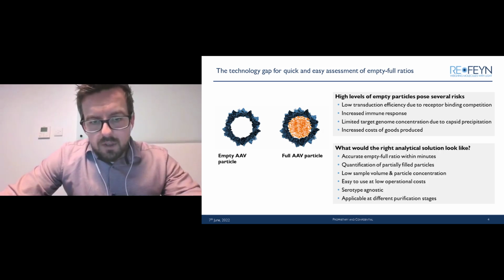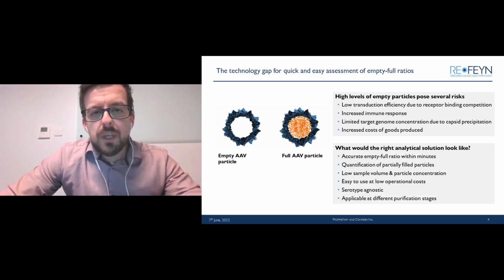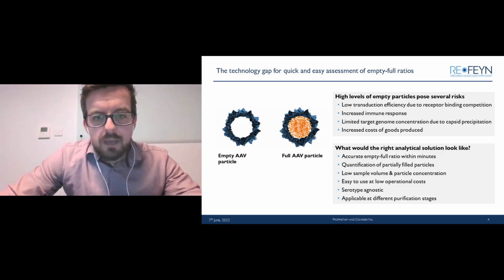So we believe that one of the reasons behind a large number of empty capsids is as a consequence of not having the right analytical tools for the quick and easy assessment of the empty to full ratio. So in our opinion, the ideal analytical solution would be able to accurately measure empty to full ratio within minutes.